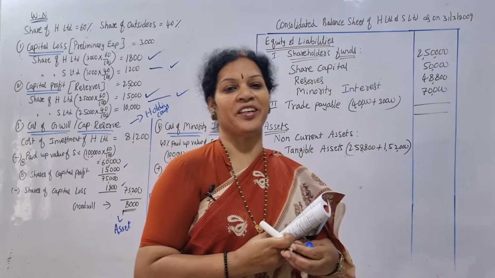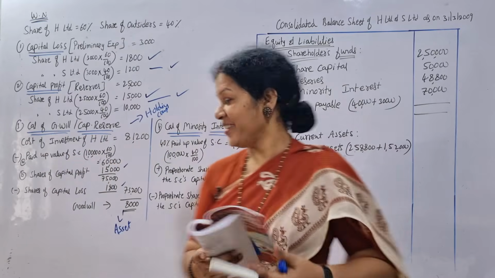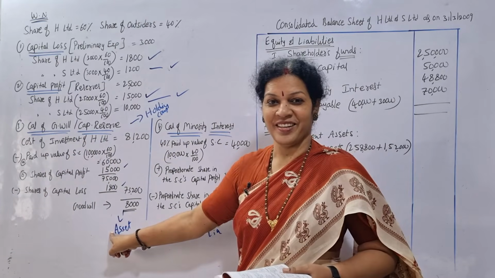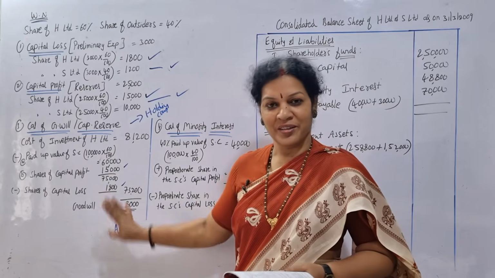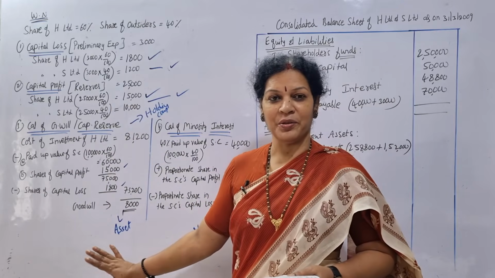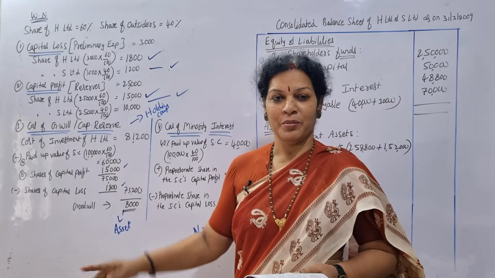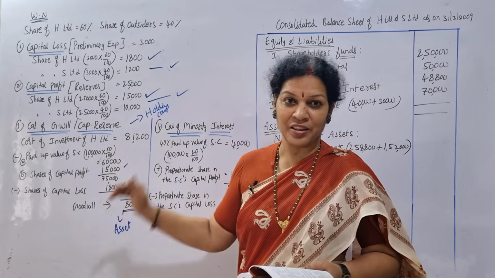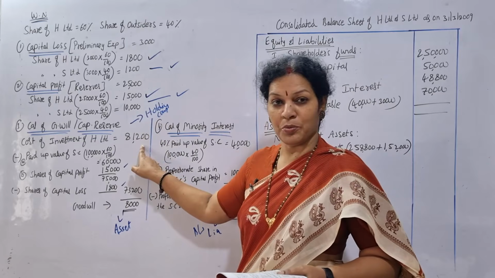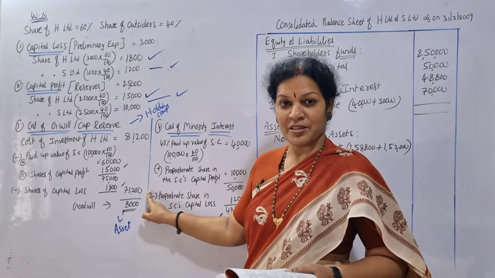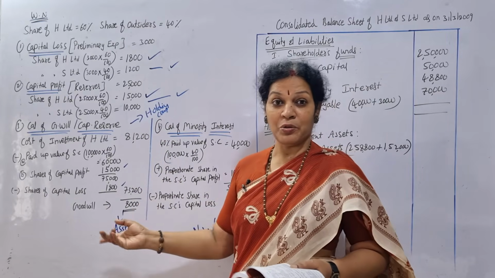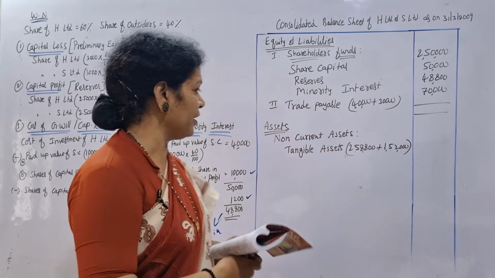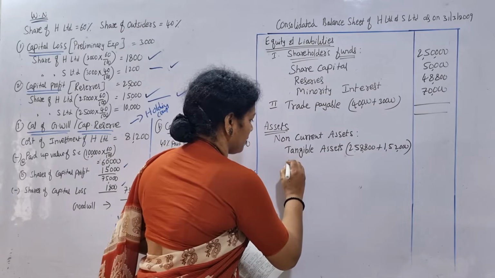Can you tell me what is intangible asset? Goodwill. Nobody will tell you. Already we have calculated, we know that there is a goodwill, because as per the payment, investment is more than the share value. Investment is more, share value is less. So the difference is goodwill only. Goodwill is an intangible asset, so we are writing here intangible asset.